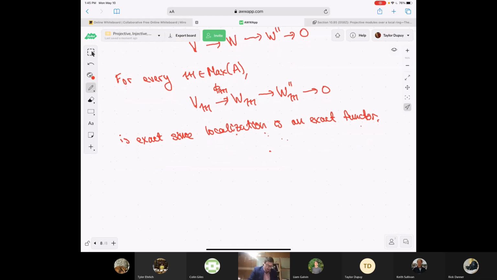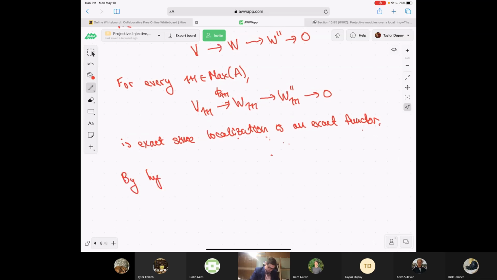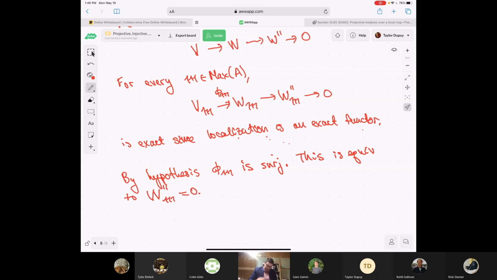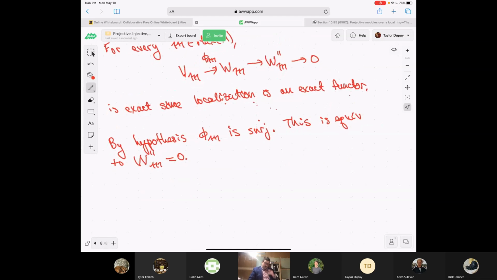Now by hypothesis, this is surjective. We suppose that on every stalk it was surjective. This is equivalent to W prime prime localized at M being 0. So W prime prime at M is 0 for every maximal ideal.